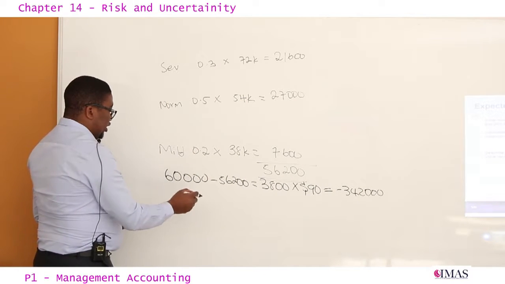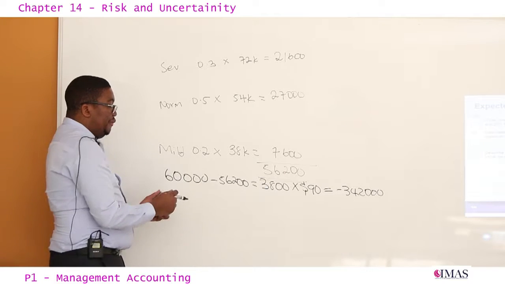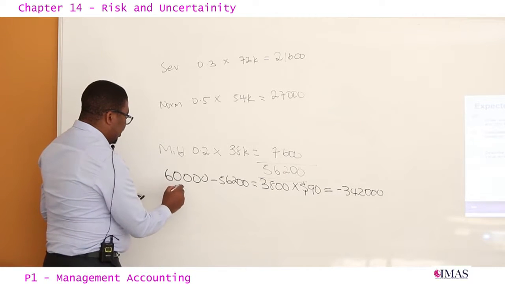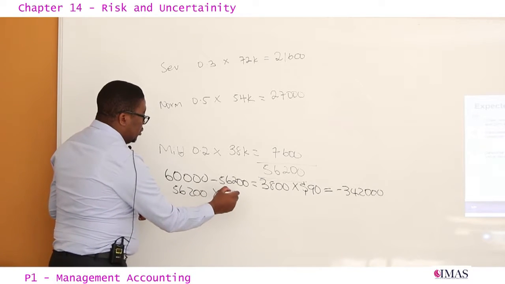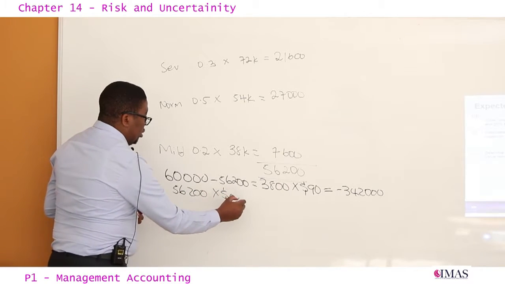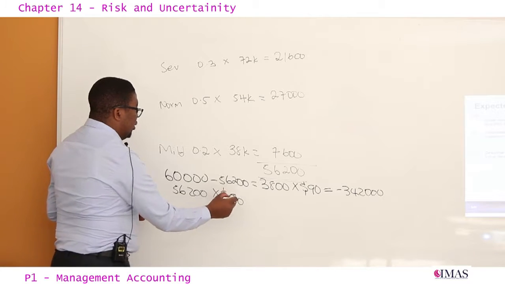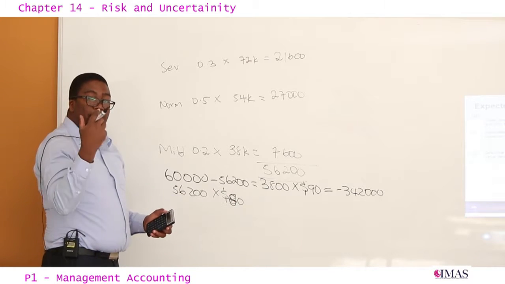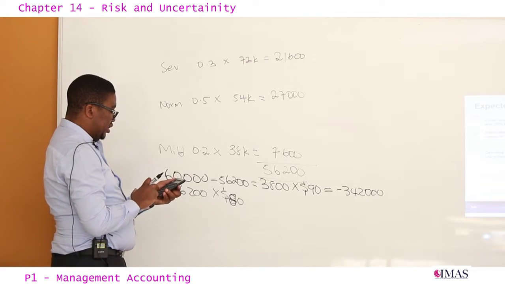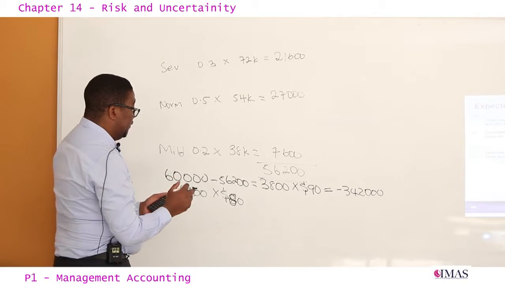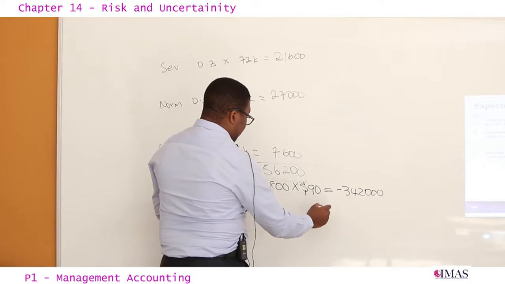However, the profit will be of what you would have sold. It will be 56,200 multiplied by $80. And the $80 is calculated from the 150 minus the 70. Therefore, 80 times 56,200. Therefore, what is your profit?